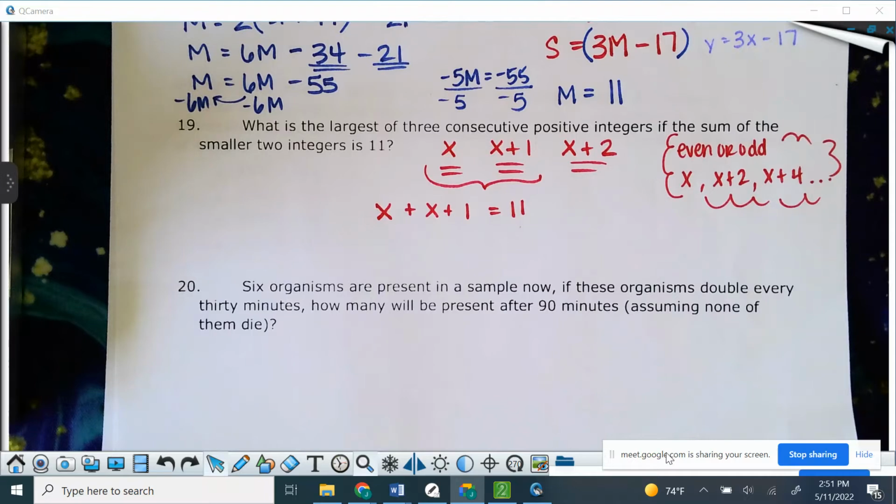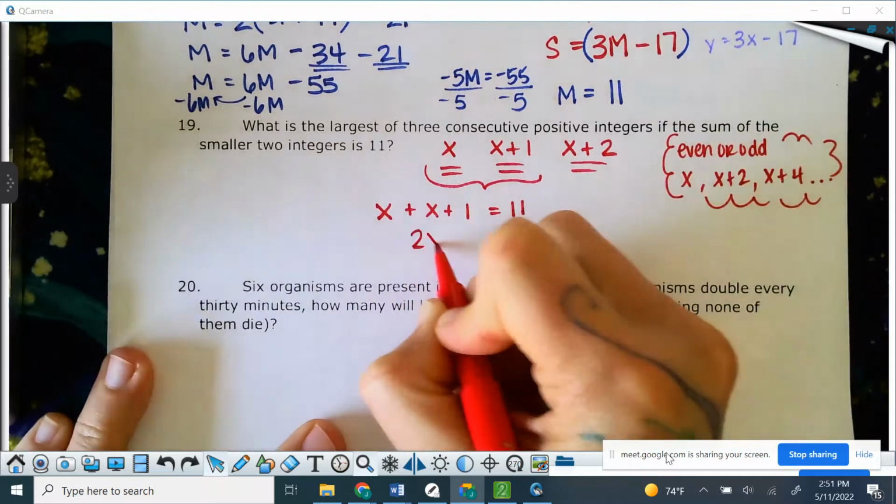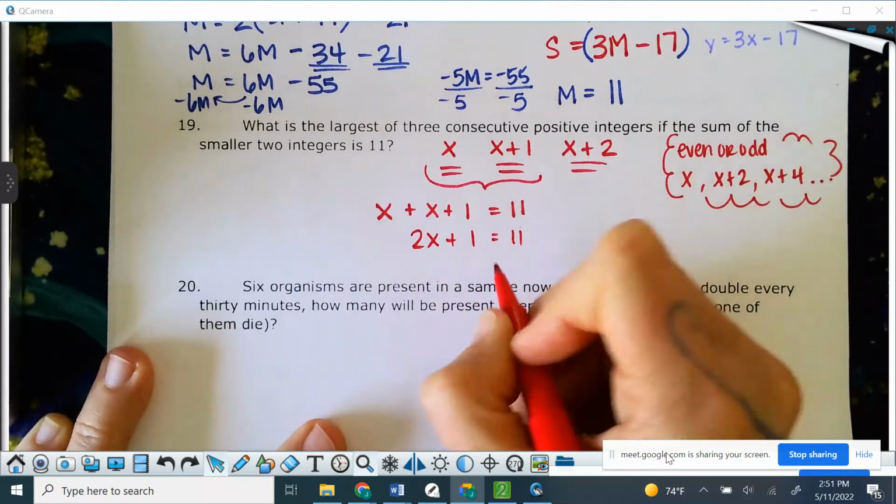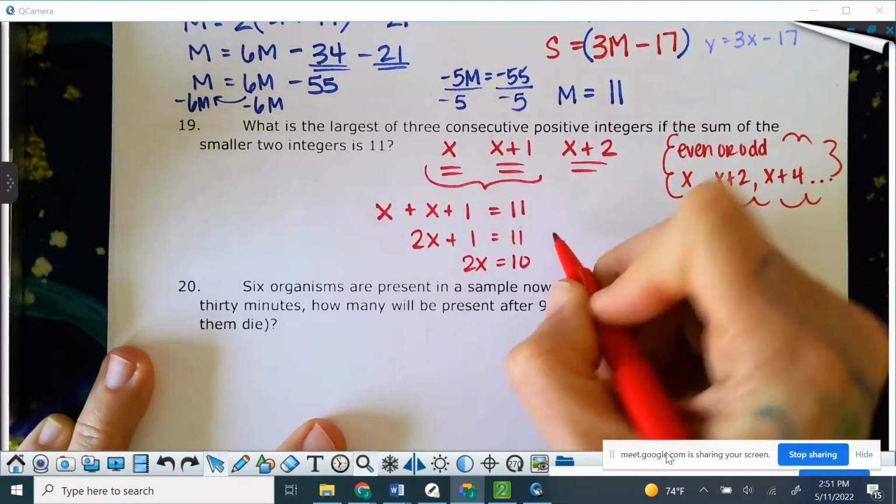So x, yep. 2x plus 1 equals 11. Minus 1 is going to be 2x equals 10. Divide and x equals 5.